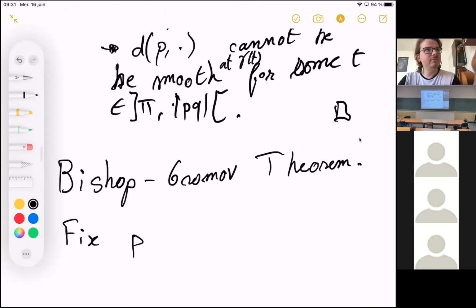And we know that the mean curvature of a hypersurface controls the variation of the area of surrounding hypersurfaces or spheres. So this will give us something interesting.